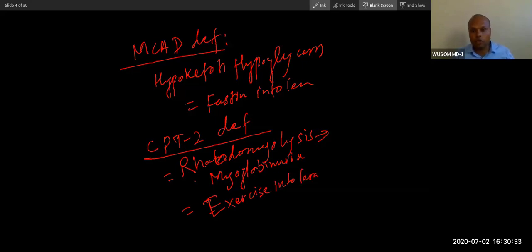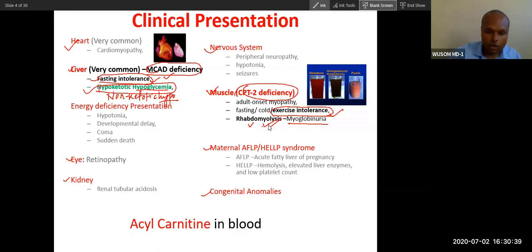So did you understand these two conditions? Will you be able to separate them? In all these conditions, as I have told you, acyl carnitine in blood is high, and we test newborns for high acyl carnitine.